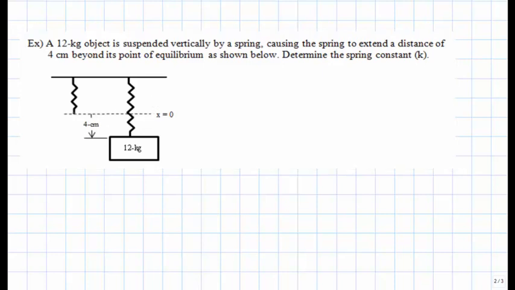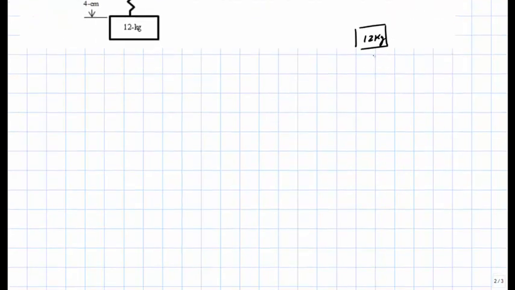We'll begin to analyze this problem by constructing a free body diagram on the block. Of course, we have a 12 kilogram block, and the 12 kilogram block has a weight, which we'll represent as follows.